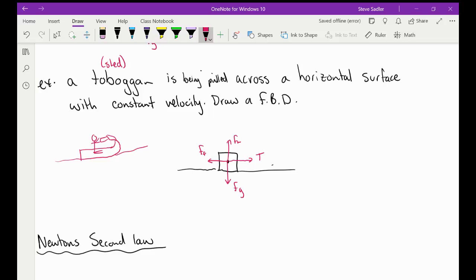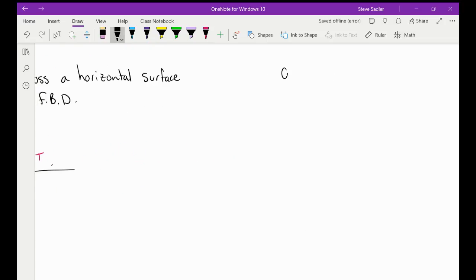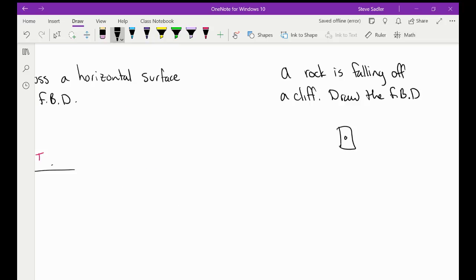There might not always be this many forces acting on this. For example, if we had a rock falling off a cliff, draw the free body diagram. Okay, so we have this rock. I'm trying to go too fast. We have this rock.